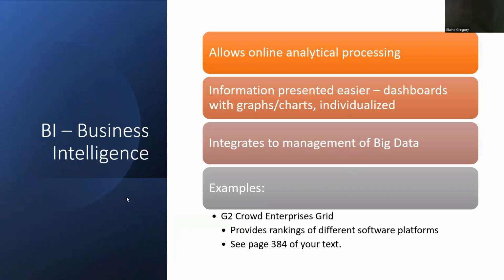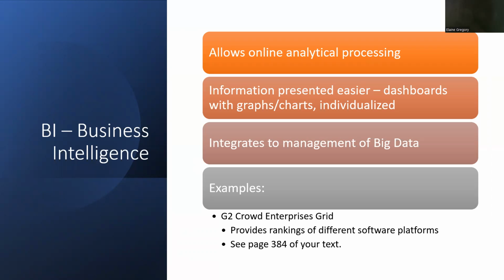In the beginning of data analytics, we were looking at what we call business intelligence, or BI, and it did allow for analytical processing. Again, the information is presented easier. We use business intelligence when we're developing sometimes dashboards in companies.